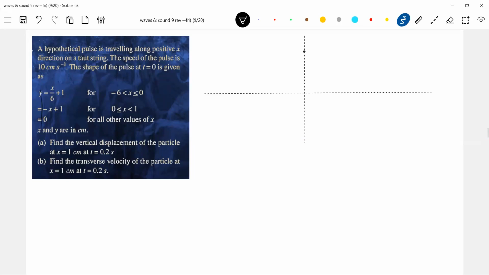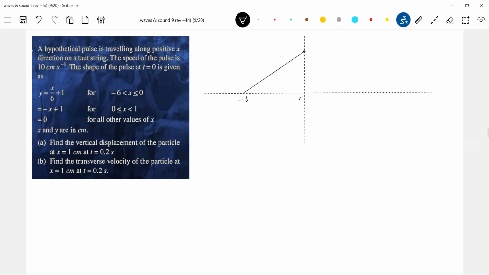How to construct a wave? I think the equation of a straight line. You see that for x less than 0 and greater than minus 6, on the negative x-axis, the pulse will be there. So I'll draw it. X equal to minus 6, you put it, y will be 0.